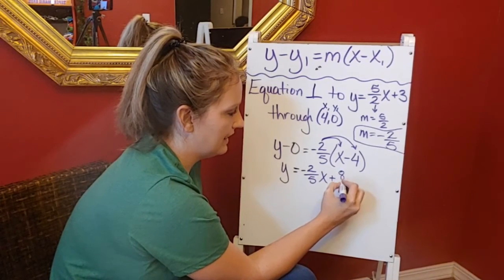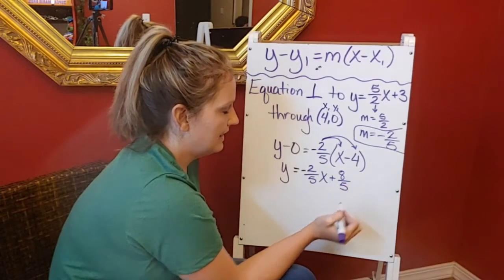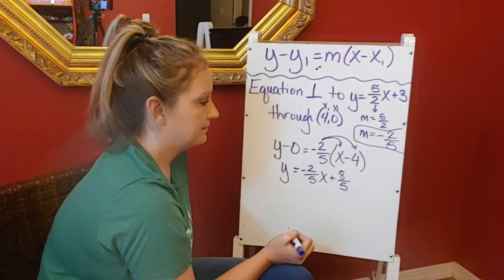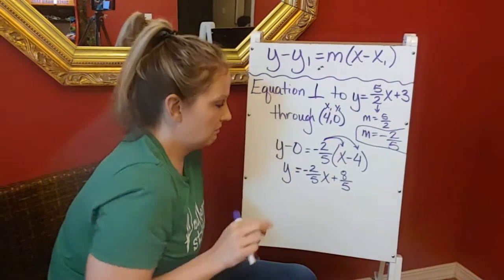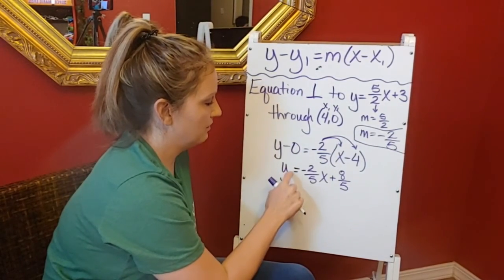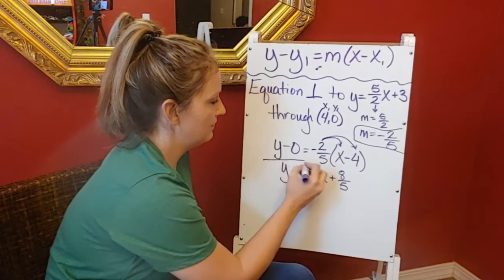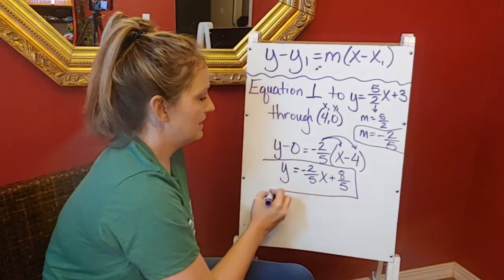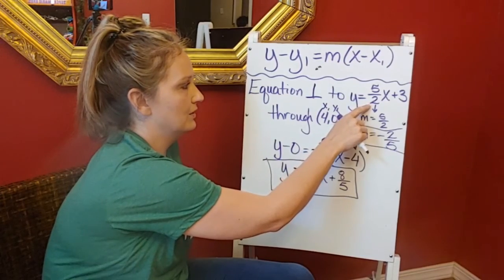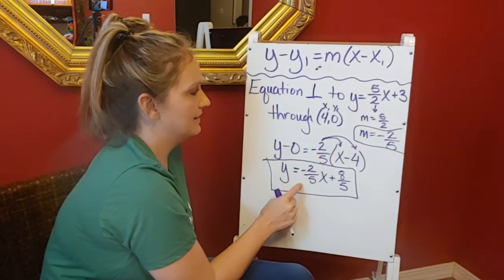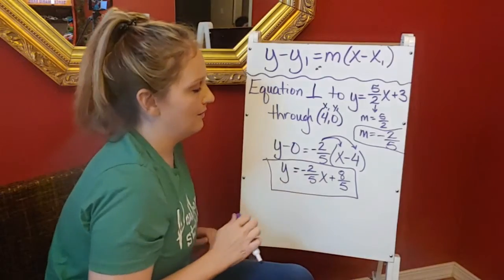So I'm going to leave that as 8/5. Okay? And since I don't have anything over here with my y, it's all by itself, this is my slope-intercept form that is perpendicular to this one. And if I were to graph this line, it would go through the point 4, 0.